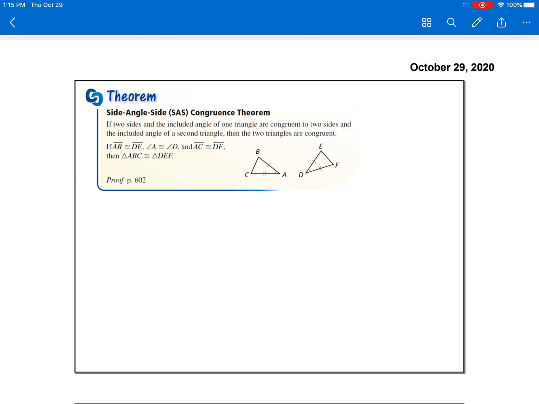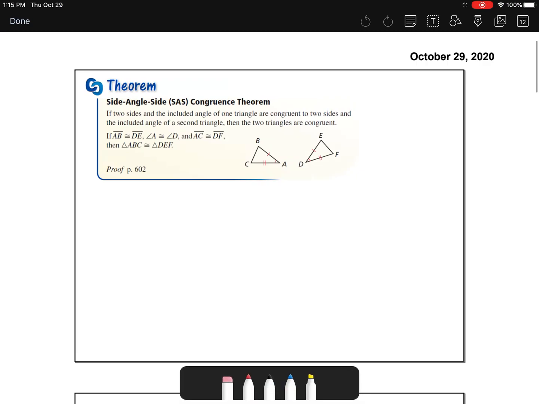So the first thing we should probably discuss is the concept that we did earlier about correspondence and how we have congruent figures.